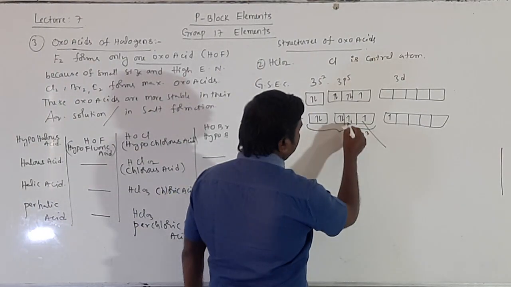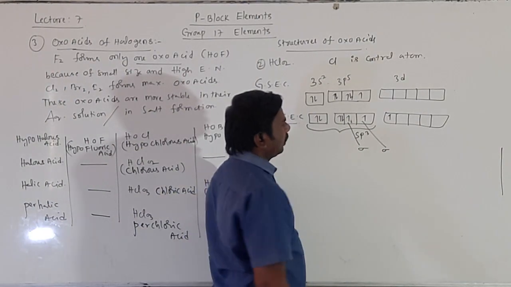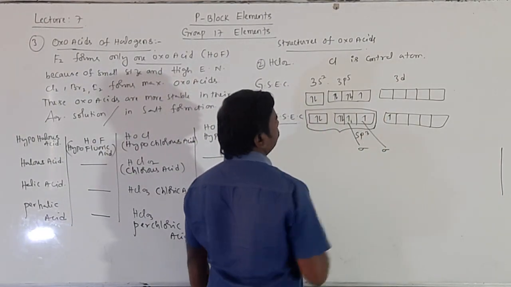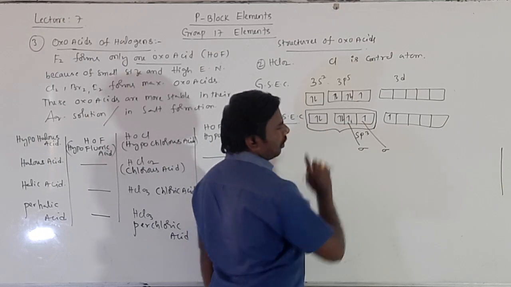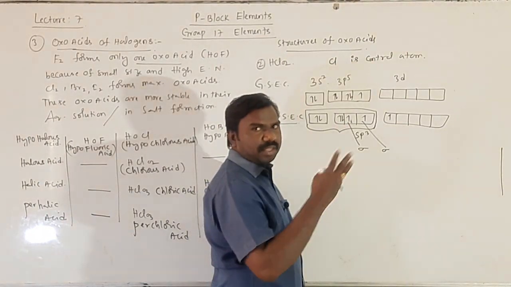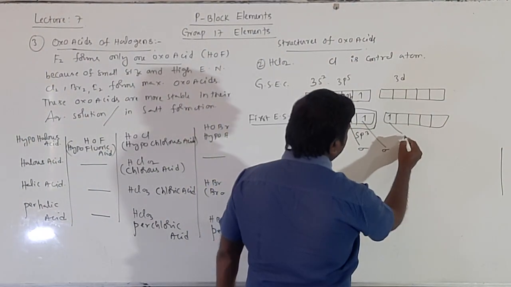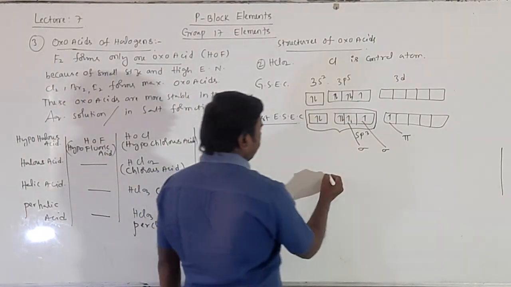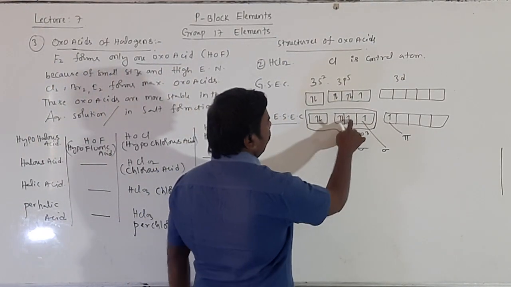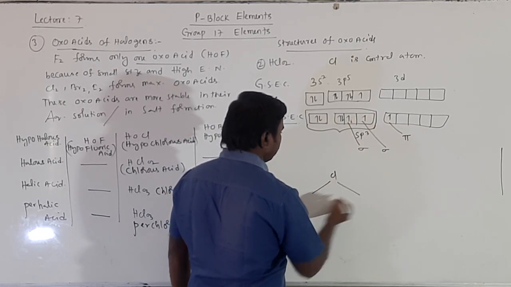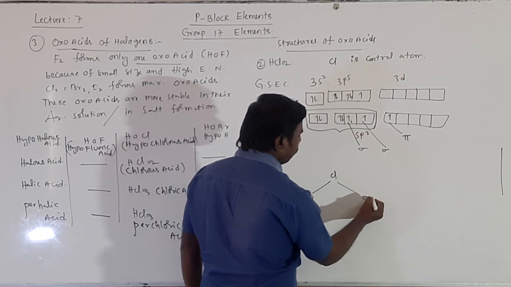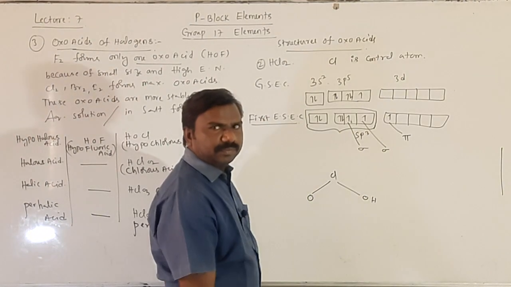These two are involved in sigma bond formation. It is not involved in hybridization, only sp3. 1, 2, 3, 4 are involved in sp3, 1s and 3p. This is involved in pi bond formation, unhybrid orbital. Then chlorine is the central atom, 2 sigma bonds, one with oxygen, another one with OH.